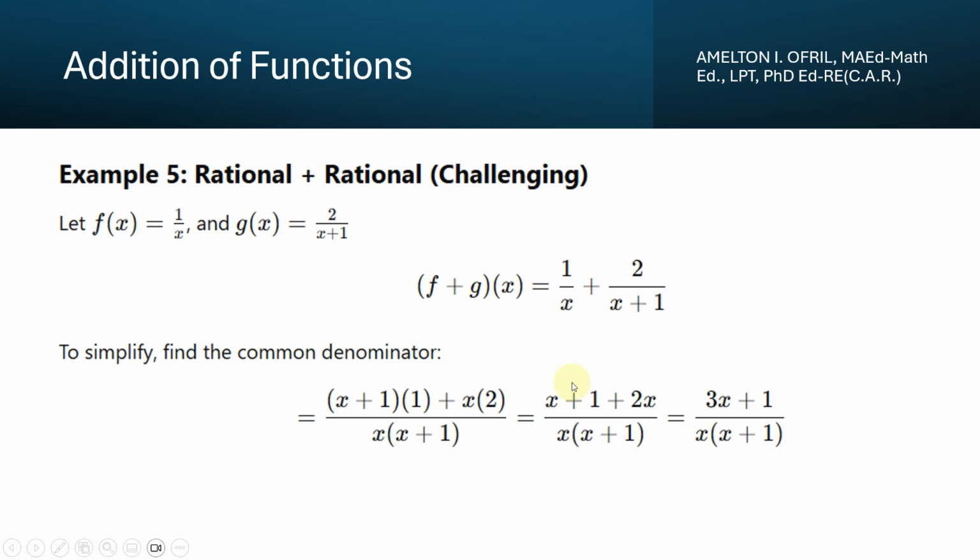Their common denominator is x quantity x plus 1, and it's like multiplying x plus 1 in the first term, and x in the second term. And with that, we got x plus 1 plus 2x, and to simplify it, we got 3x plus 1 all over x quantity x plus 1.